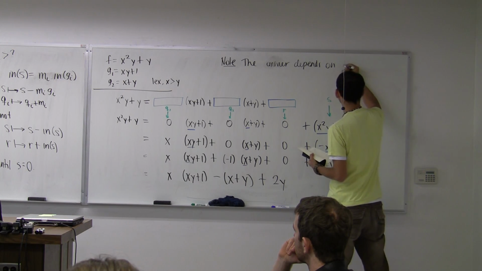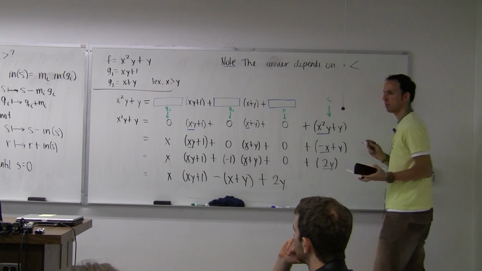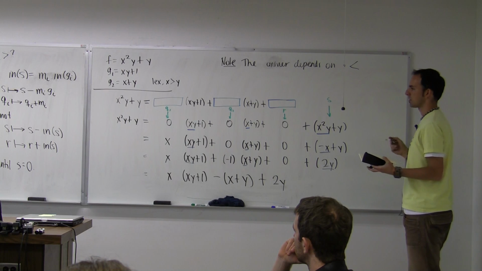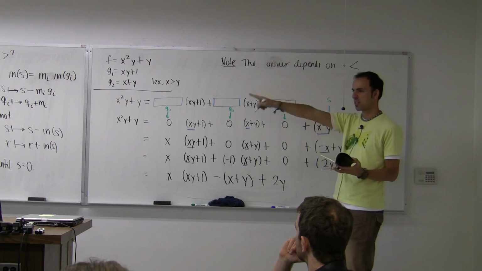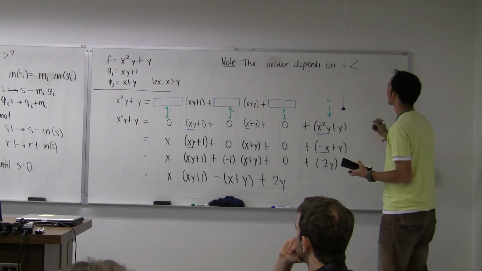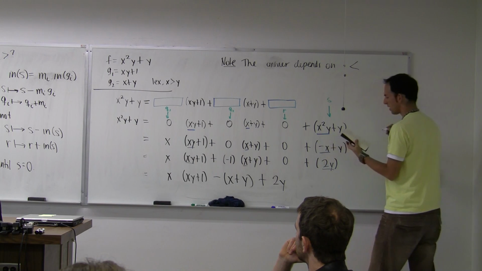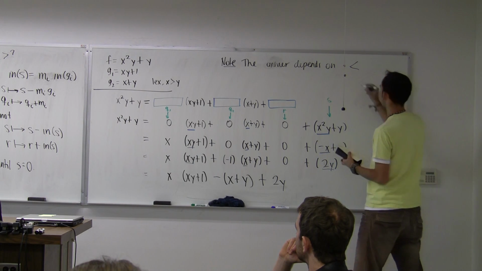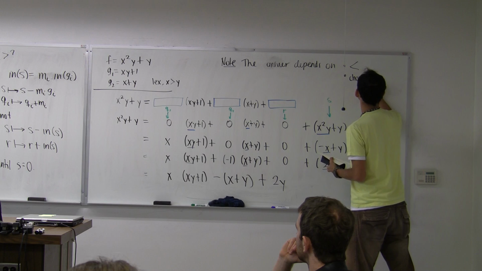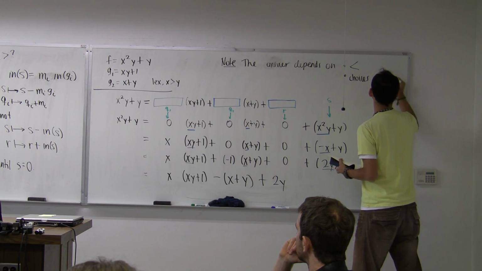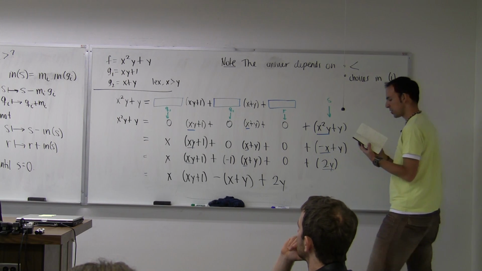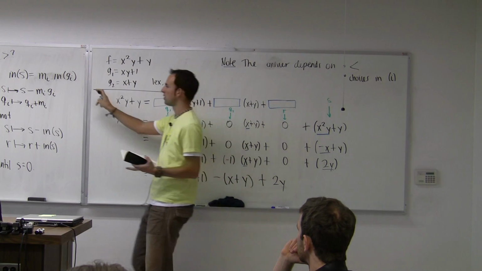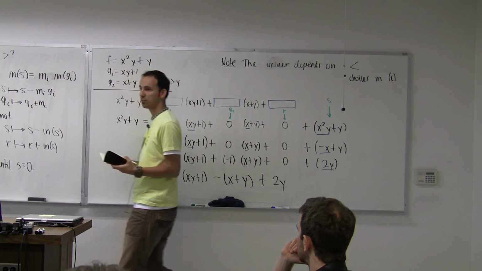So it definitely depends on the order less than, which is fine because that order was given to us as an input. But the thing is that it also depends on choices that we made in step 1. Because in step 1 you might have different choices for i, and that might give you different answers. Okay?